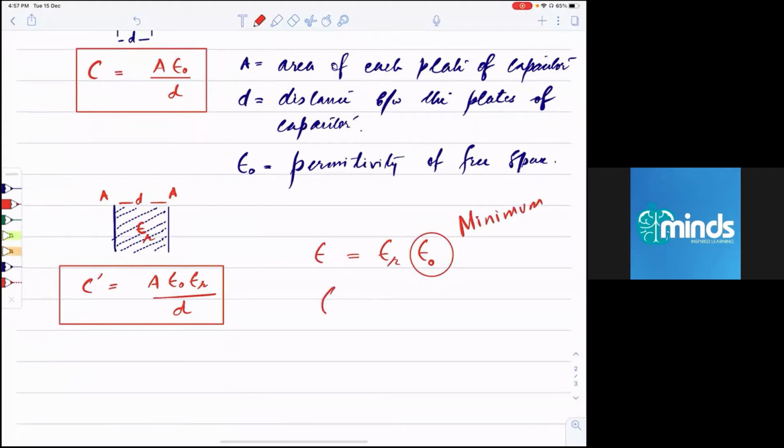So epsilon will always be greater than epsilon naught, which means epsilon R is always greater than 1. Because if you put epsilon R equal to 1, the permittivity and the permittivity of free space become equal. And if you put epsilon R less than 1, the permittivity becomes less than epsilon naught, which is not possible. Are you people getting it?